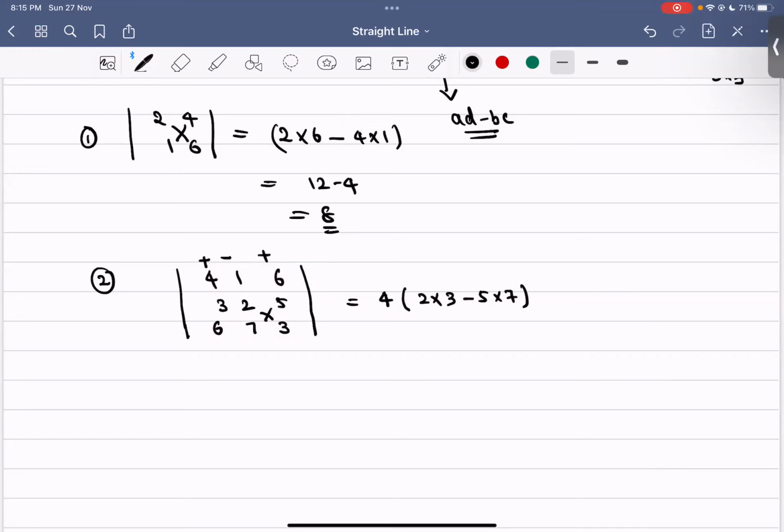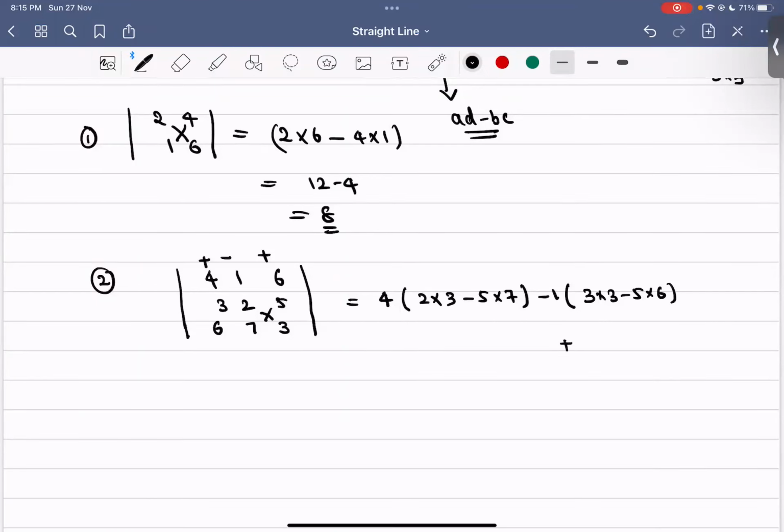Next, alternate signs. Next minus 1 into, now leave the column which contains 1 and the row which contains 1. Next 3 into 3 minus 5 into 6. Next plus sign.